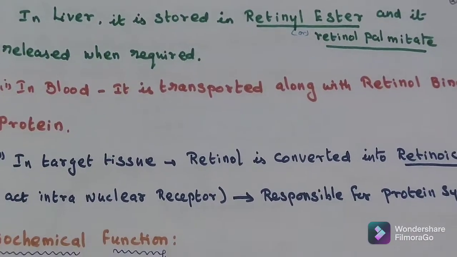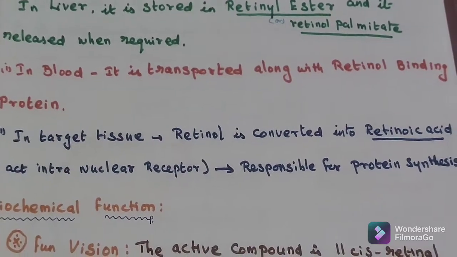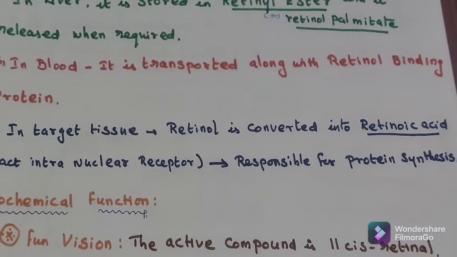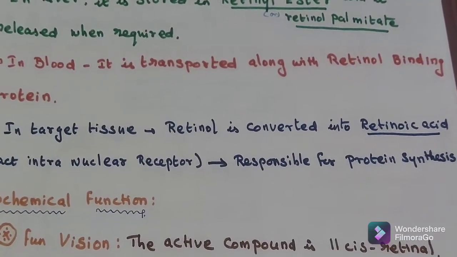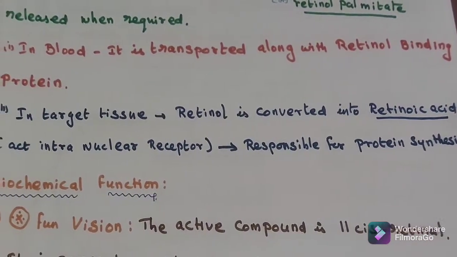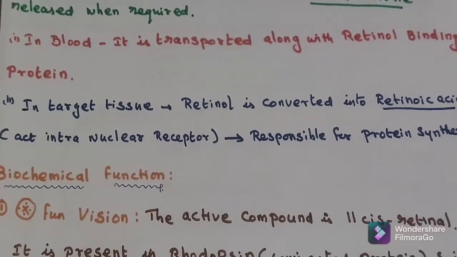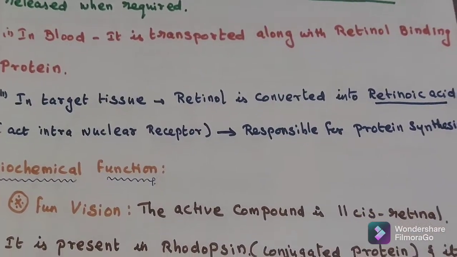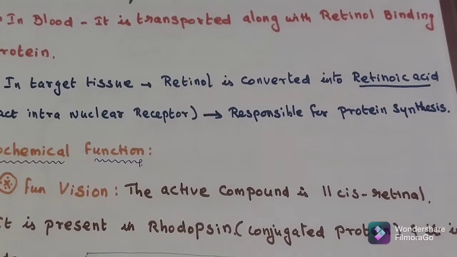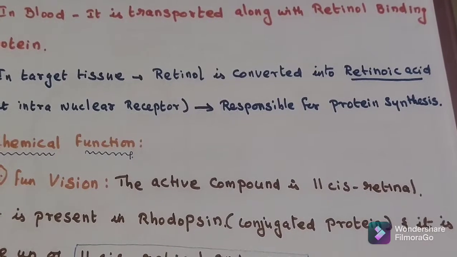In blood, it is transported along with retinol binding protein. In target tissue, this retinol is converted into retinoic acid. This retinoic acid acts as an intranuclear receptor. This intranuclear receptor is responsible for protein synthesis through transcription.